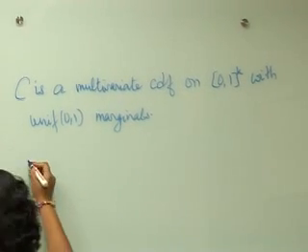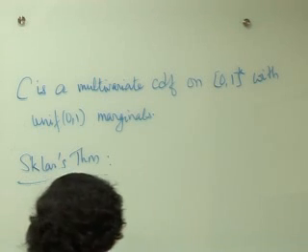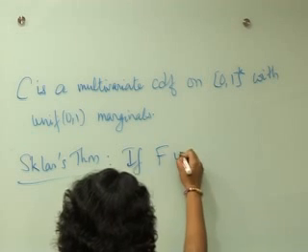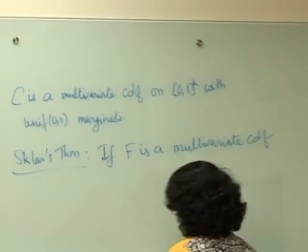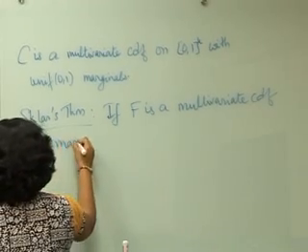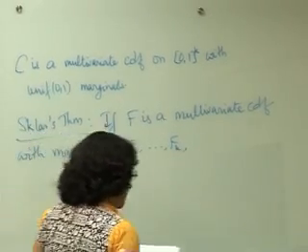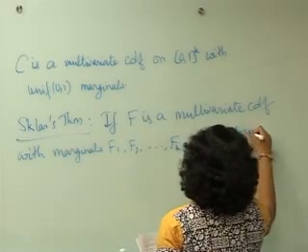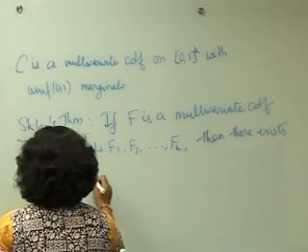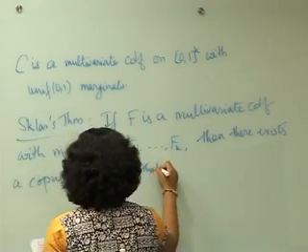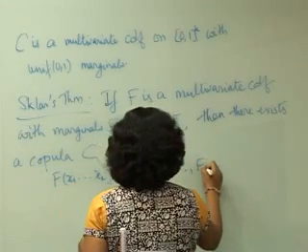Now what is interesting is called Sklar's Theorem, which says that what we wanted actually is true: if F is any multivariate CDF with marginals F1, F2, etc. up to Fk, then there exists a copula C, a function with all these properties, which satisfies F of x1 through xk is C of F1 x1 through Fk xk.